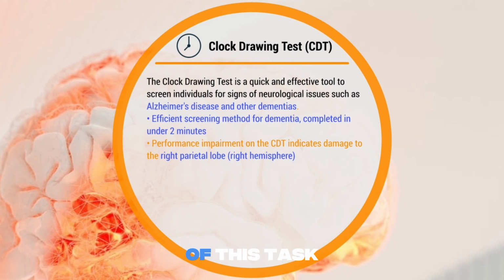And the performance of this task can give you a little insight into which brain damage the patient has suffered. For example, it can indicate right parietal or right hemisphere damage. So they are the same. Right parietal is the same thing as the right hemisphere.